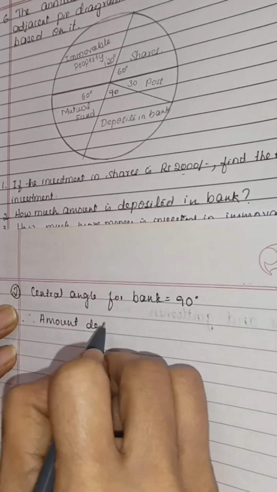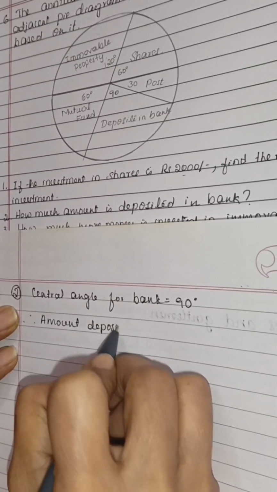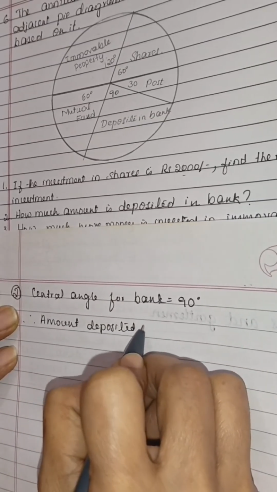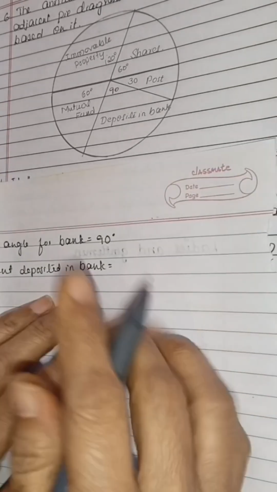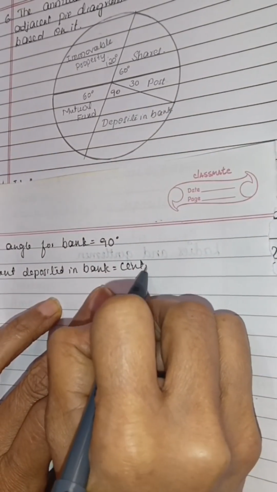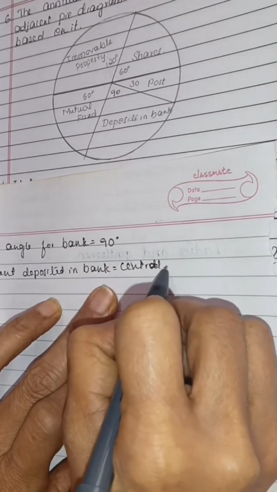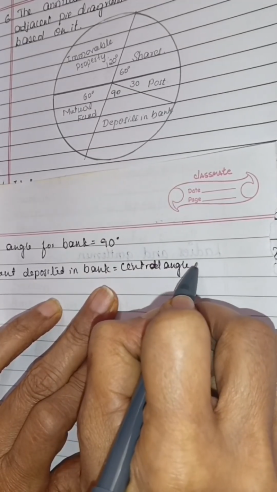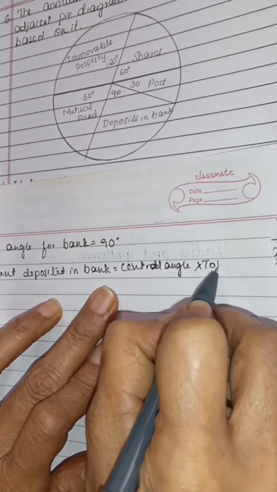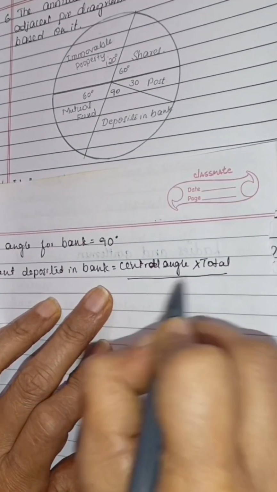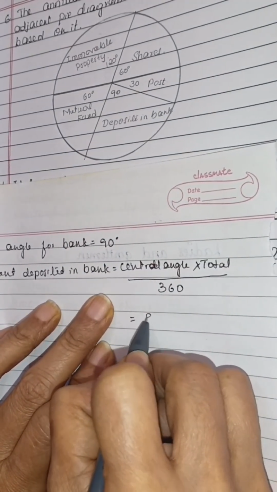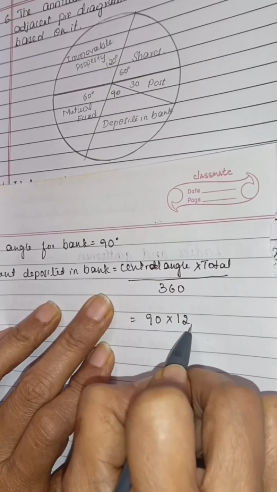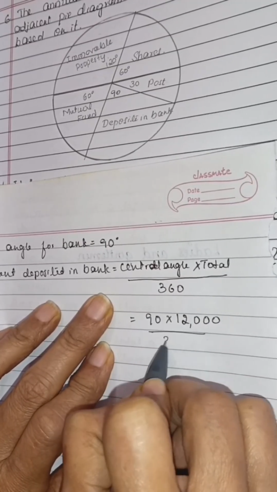Therefore, the amount deposited in bank is central angle multiplied by total divided by 360. Central angle is 90 multiplied by total 12,000 divided by 360.